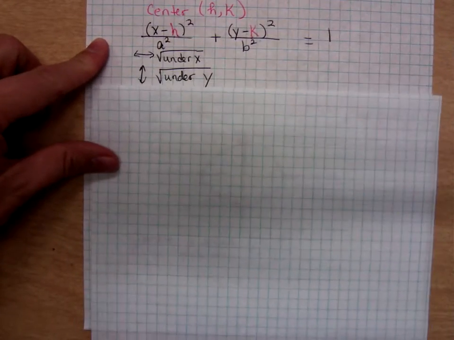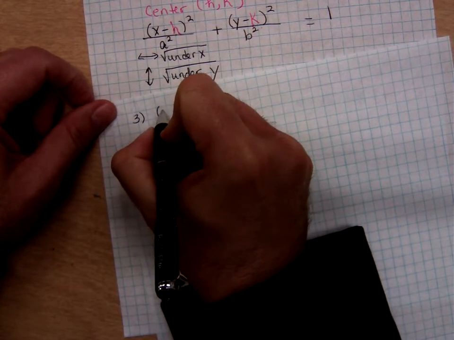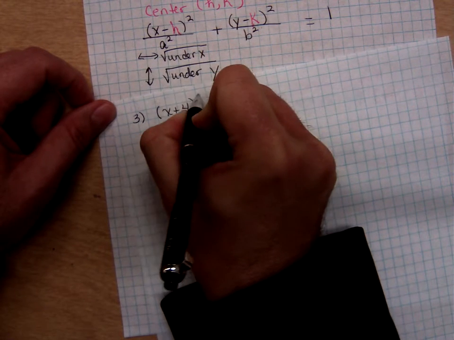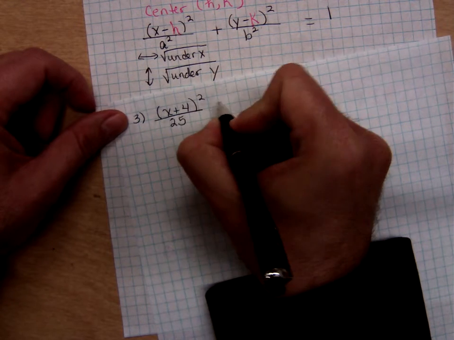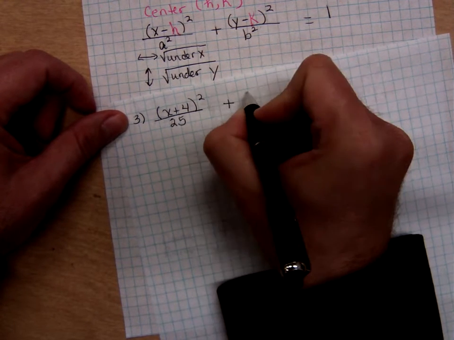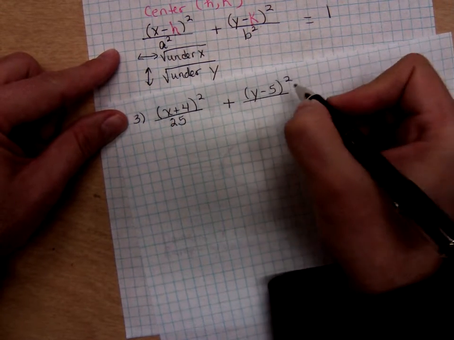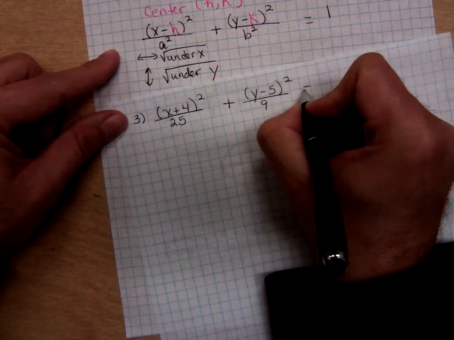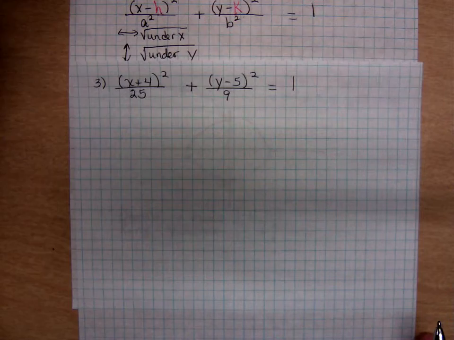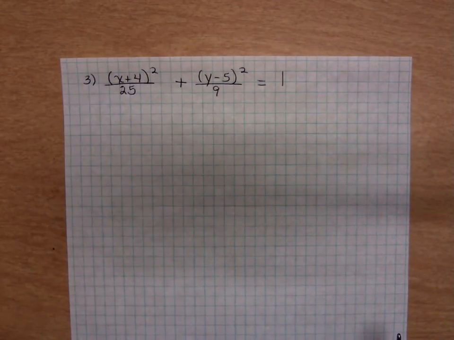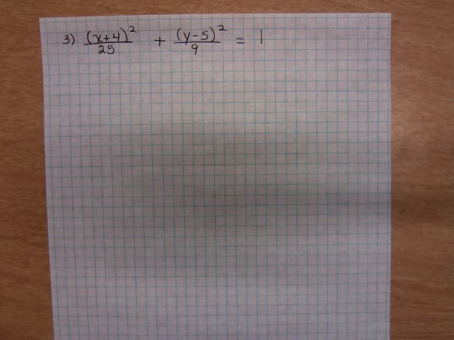Problem number 3 says, okay, (x plus 4) squared all over 25, plus (y minus 5) squared all over 9 equals 1. Oh, this is problem number 3 that we're doing.